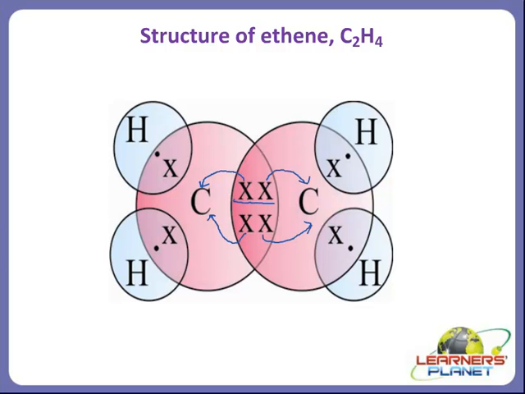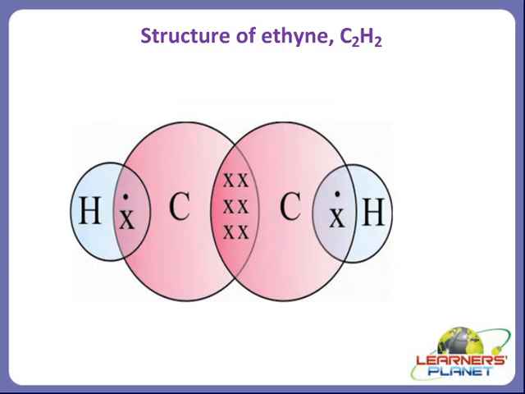This is ethene. Similarly, there is ethyne: this electron by the first carbon, this 1 by the second carbon, this again by the first carbon, this again by the second carbon, and again by the first and the second. So likewise your triple bond is formed.